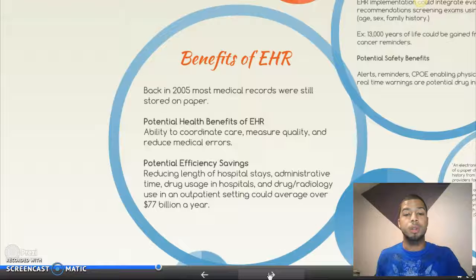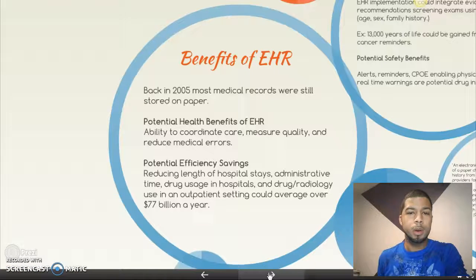It also reduces drug usage in hospitals and drug and radiology use in outpatient settings. A prior article that I read showed that this can account for over $77 billion a year. So if we're able to take those funds and reallocate them to a different area, then we'd be able to really help continue to transform what we define as healthcare today.